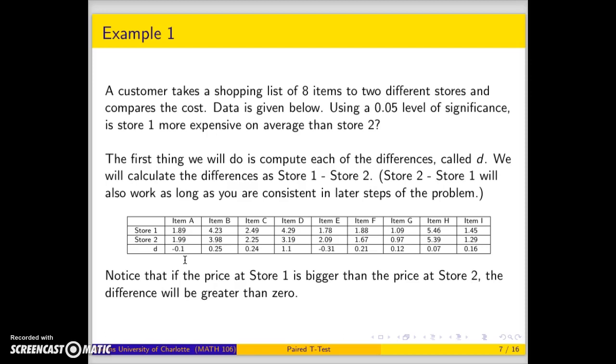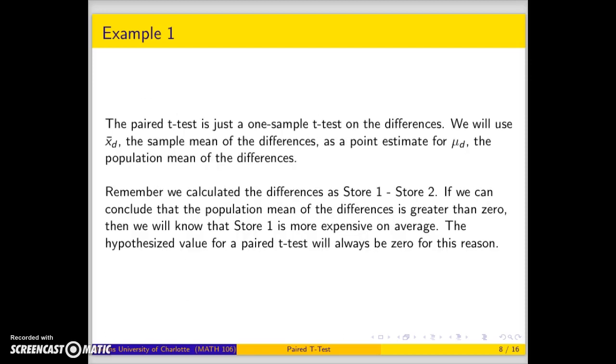And this matters because what we want to do now is look at the mean difference. And what we do for a paired test is really just a one sample t-test for those differences. So the mean of the differences, we call that x bar with subscript d, so x bar d.